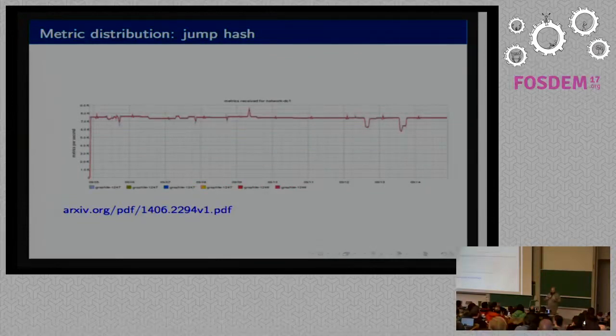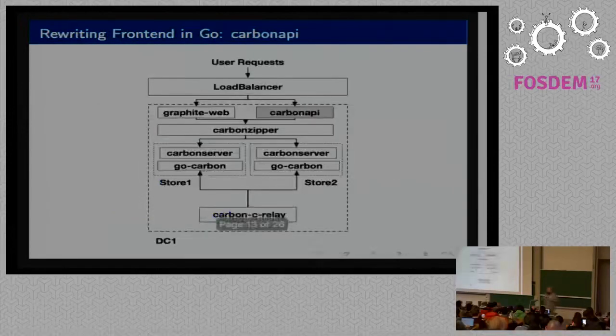We implemented it, and it allowed us to get an almost even distribution. The difference was less than 1%. I won't go into deep details about how jump hash works. You can read the white paper. It will be much easier and faster for you.